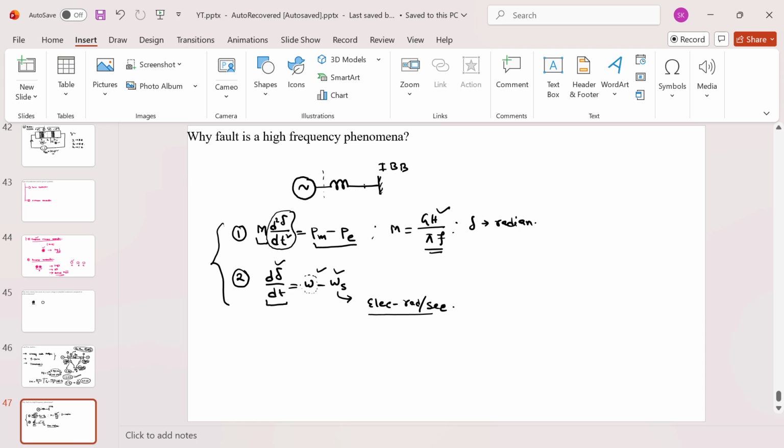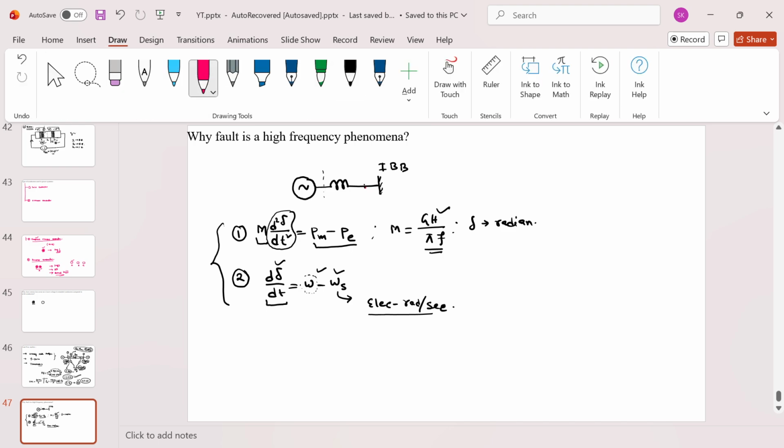Now let's say you have a fault at the terminal of the synchronous generator. Initially you had the terminal voltage Vt, and after the fault this terminal voltage of the synchronous generator simply goes to zero.